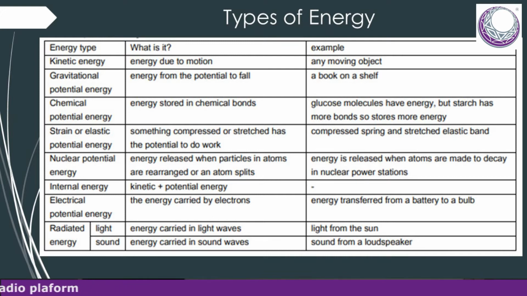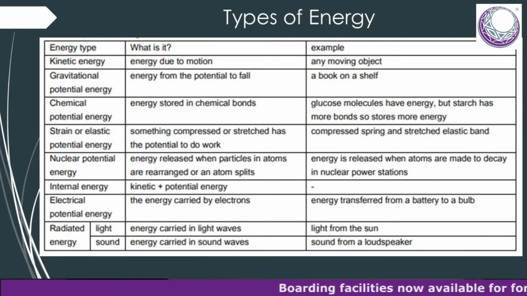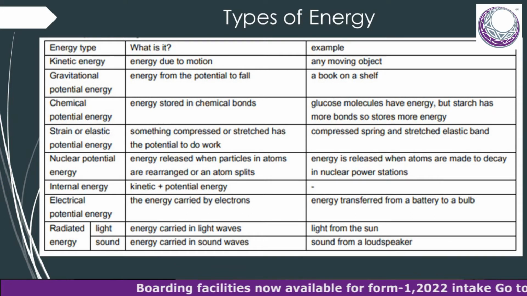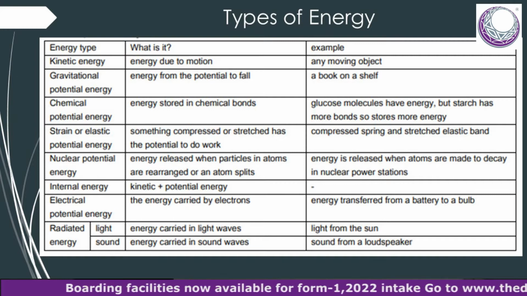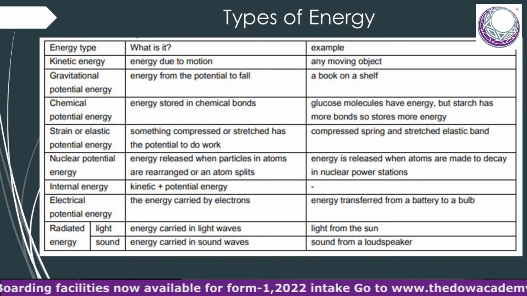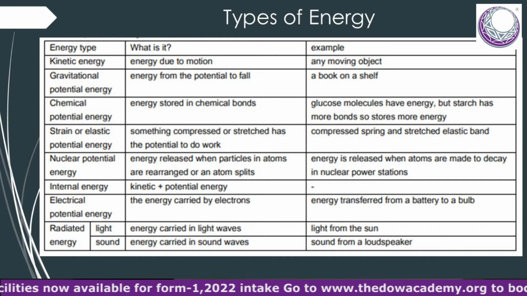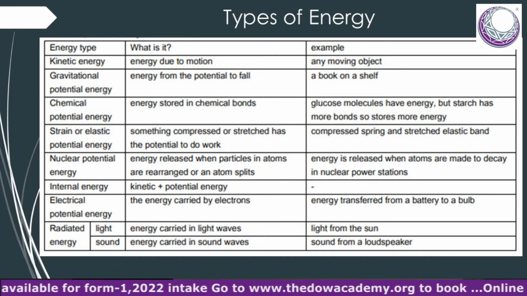We have gravitational potential energy, which is g.p.e. In most of the questions or papers, it will come as g.p.e. This is energy from the potential to fall, energy of position, where we are saying any object which is not resting on the ground already has the potential to fall.